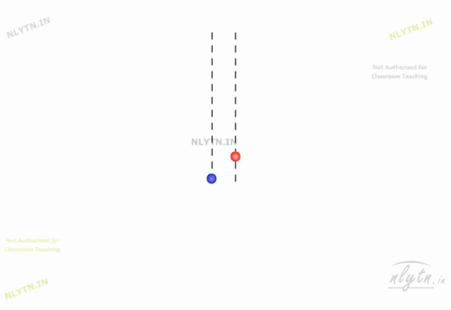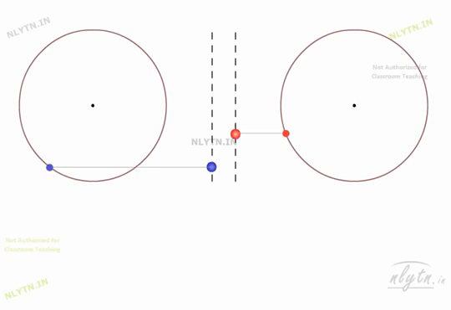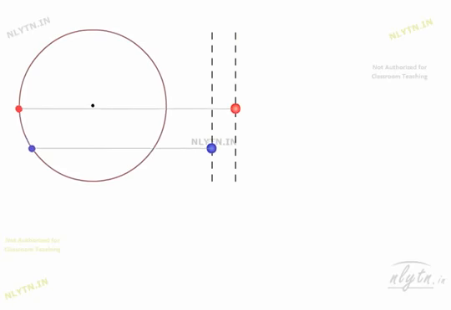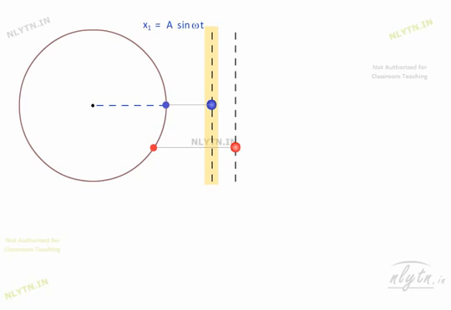We had also discussed that when two SHMs have a phase difference, this means that their corresponding circular motions have a phase difference. If we represent this SHM by such an equation, then this SHM, which is behind the first one by a phase of phi, will be represented by this equation.